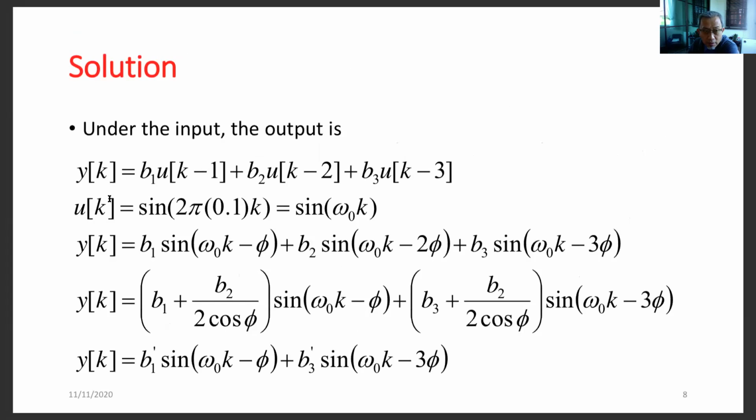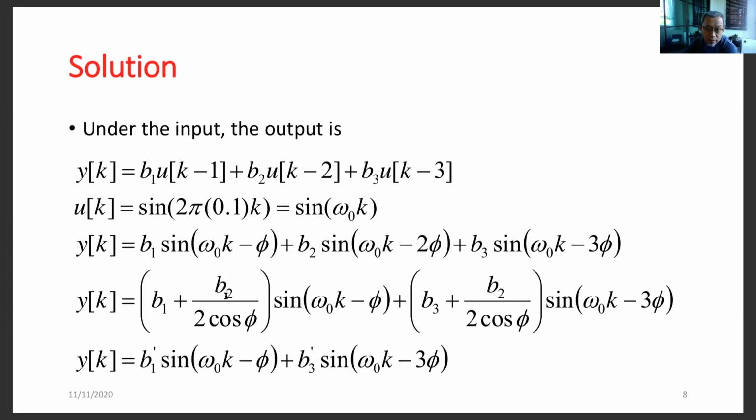We replace each u by u_k, so sin(2 pi 0.1 k) equals sin(omega naught k). We insert u_(k-1) as sin(omega naught (k-1)), u_(k-2) as sin(omega naught (k-2)), and u_(k-3) as sin(omega naught (k-3)).